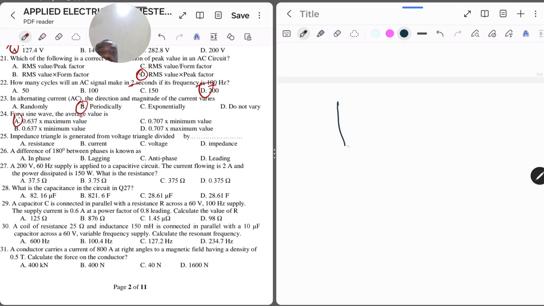Let's say this is VL, here is VR, and here is V, right? Let's say we are looking at the case where I have my inductance in series with a resistor. So we have something of this nature.